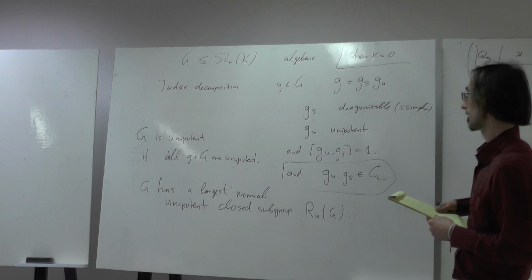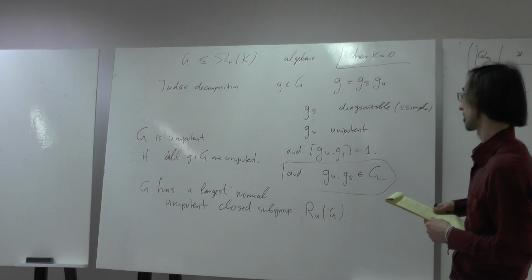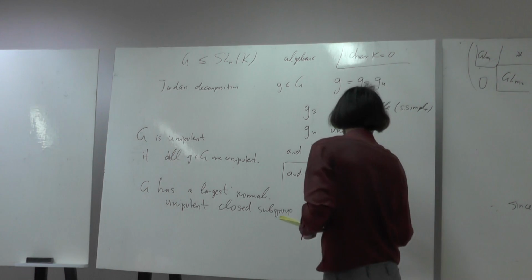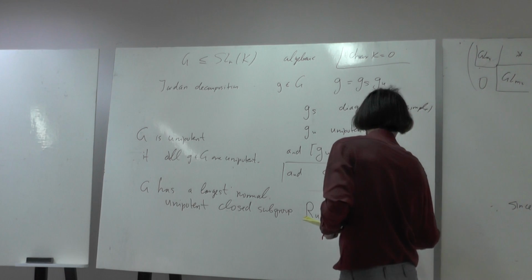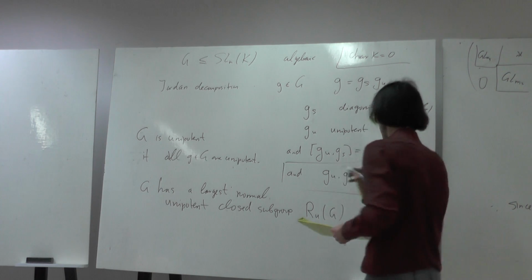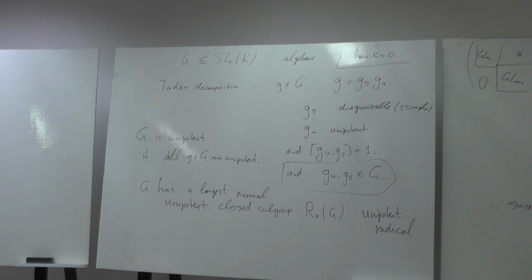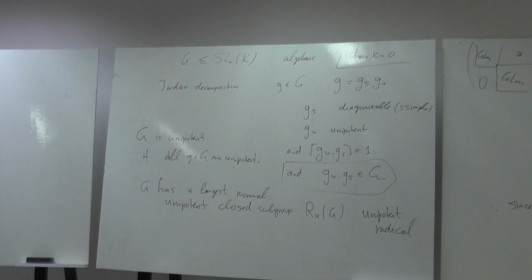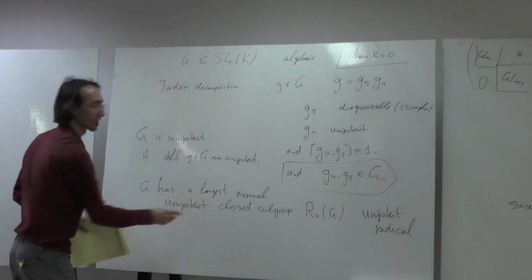So there's a largest normal unipotent closed subgroup. This is called the unipotent radical. Exercise: prove that it's automatically connected. Okay. I didn't say connected here, I could have, but I didn't.